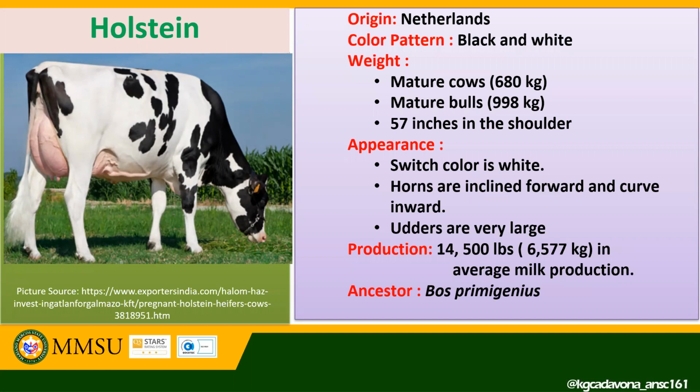For this breed of dairy cattle, this is mainly what we also call the Holstein Friesian. In some books, it says that it originated in the province of Friesland in Holland. However, in other books, which we will follow because more of them say so, this originated in the Netherlands.